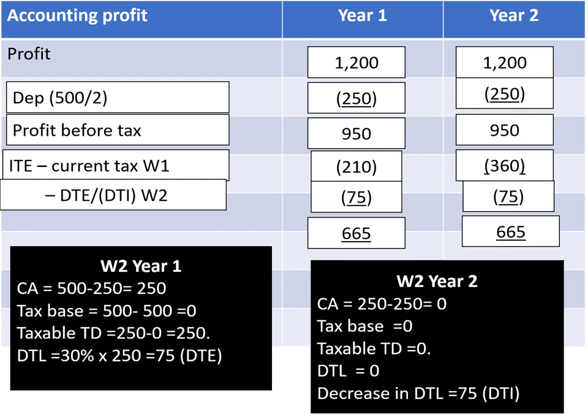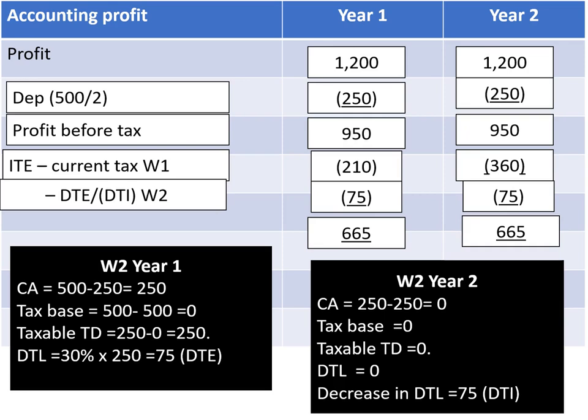So what does that mean? At the end of the first year, we have 950 less 210 less 75. We end up with a profit of 665. There's an error here on the slide because I think that 75 in year 2 should not be deducted.